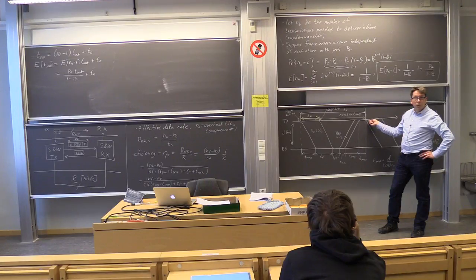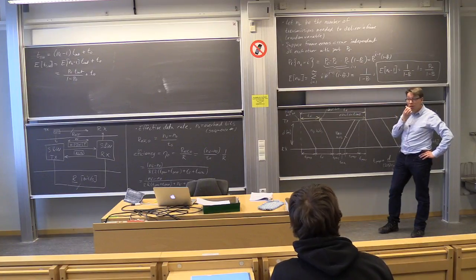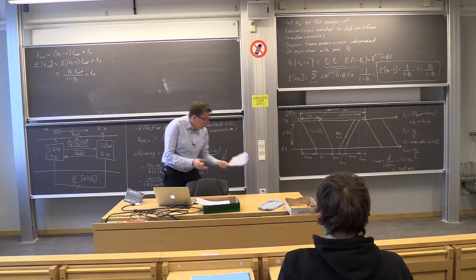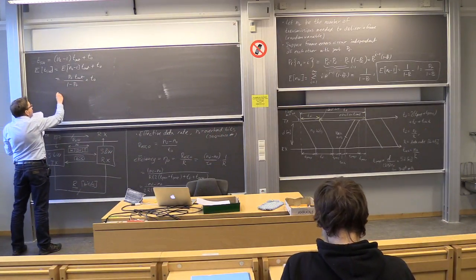So we want to pick the timeout to be larger than t0. How much larger? As little as possible. Yeah, exactly. So 1 microsecond larger or something like this. So let's put it equal to t0. Okay. So for t out equals t0, this also simplifies somewhat.